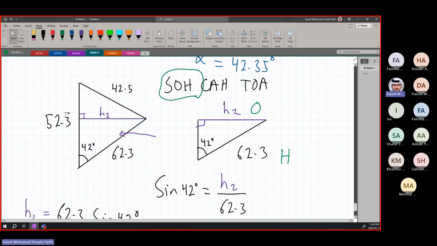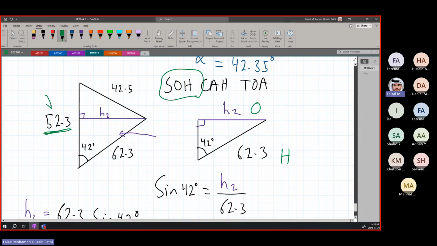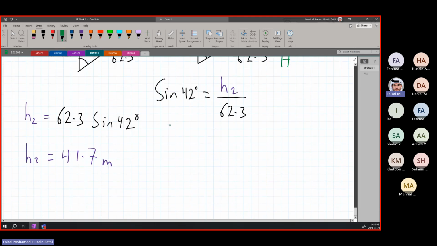Now we have the height. All we need is the base and height. So we have the base. This is the base, 52.3. And we have the height. So for a triangle, it is half base times height. In this case, H2.